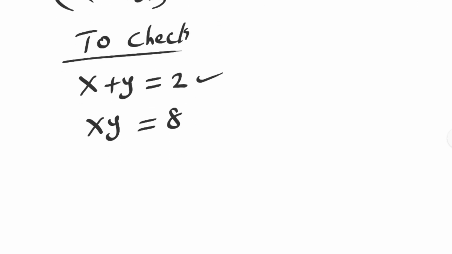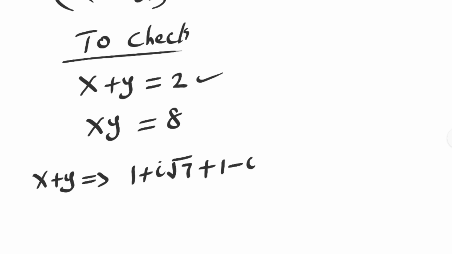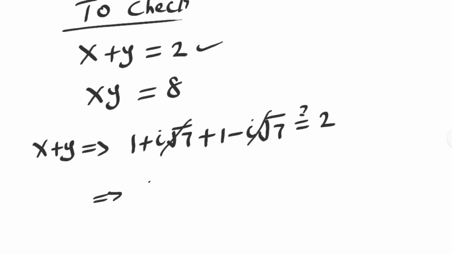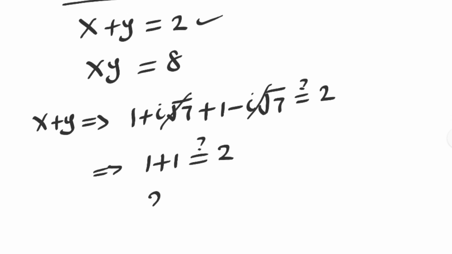Let us consider this. x plus y, this is 1 plus i root 7 plus 1 minus i root 7 must be equal to 2. This cancels this. 1 plus 1, this must be equal to 2. And of course, 1 plus 1, this is 2, is equal to 2, which is true.